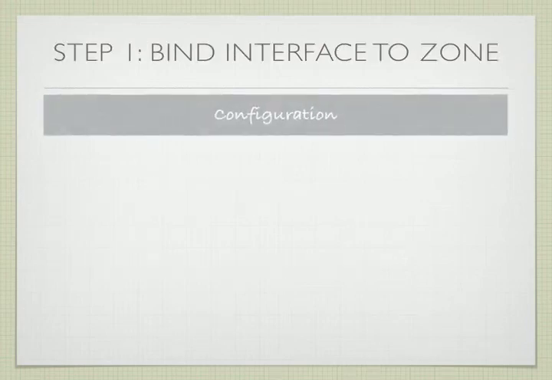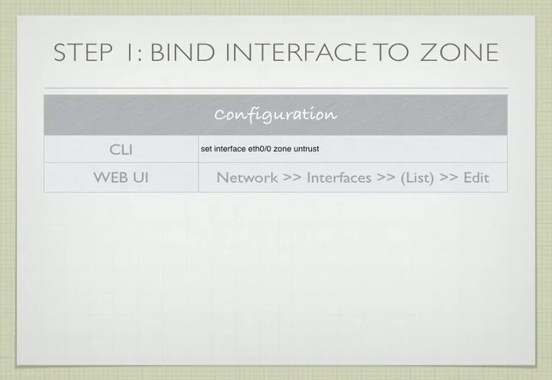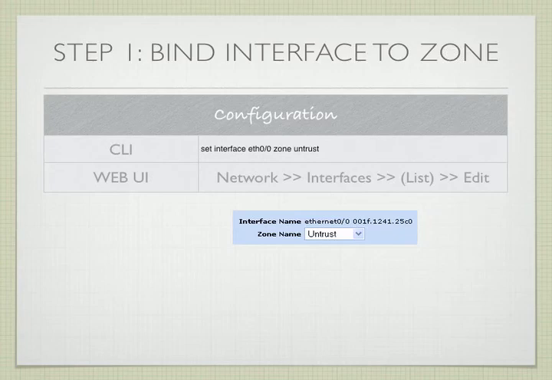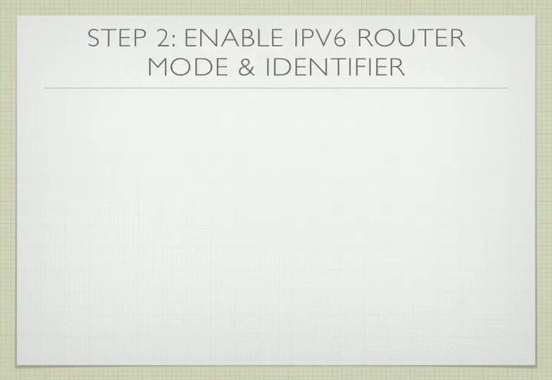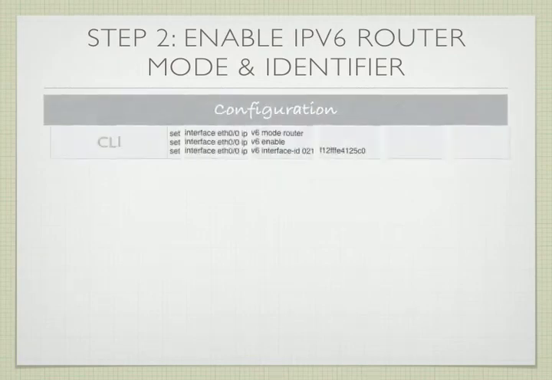Step 1, we're still setting a zone into an interface. So in this case, our Ethernet 00 being put into the untrust zone, which is also in the web interface under edit of the interface. Same place we were doing previously. Step 2 is also the same locations, but now we're changing keywords.